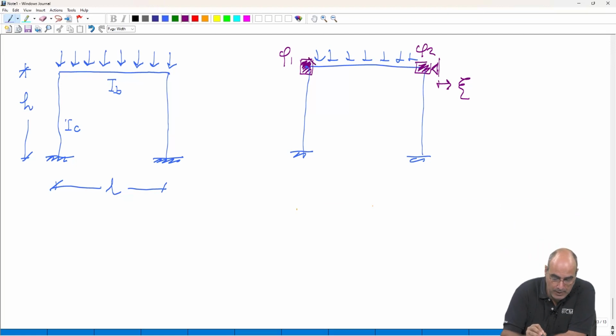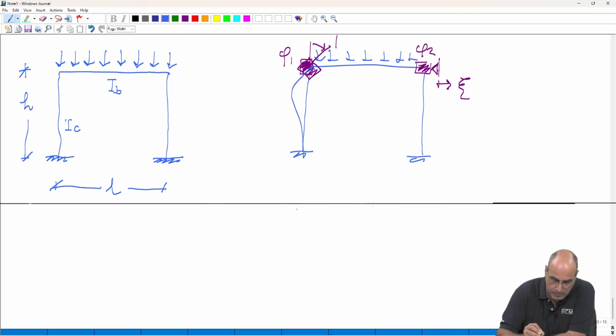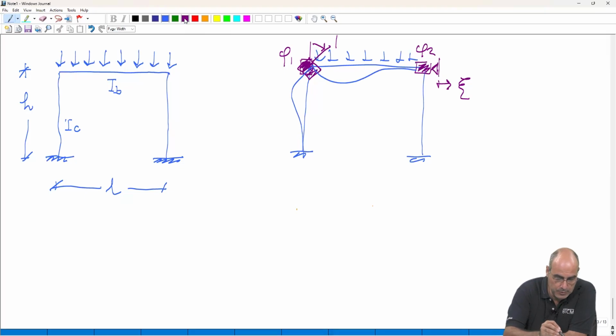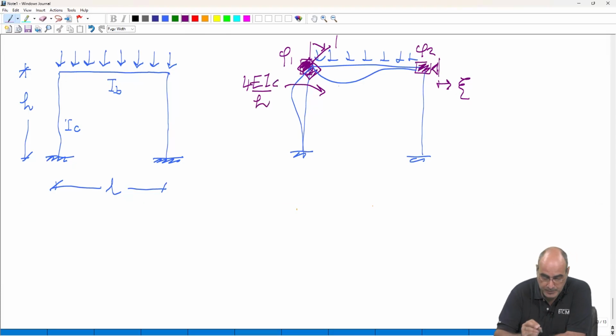We activate one by one these restraints, and in this case, if we set this equal to 1, for example, we know that we have a moment here which is 4E, the stiffness of the column, divided by H. And this moment here is 4E, the stiffness of the beam, divided by L.